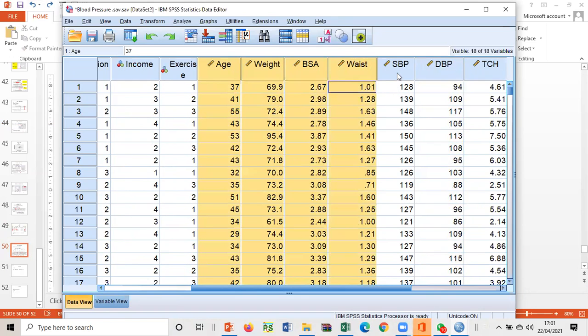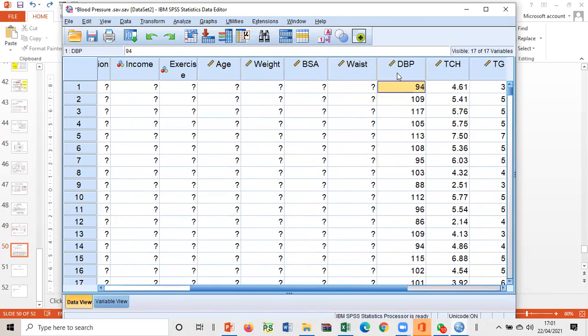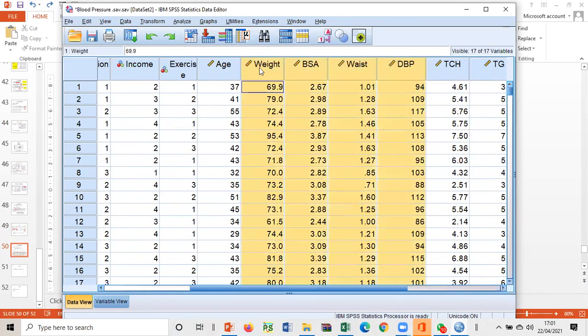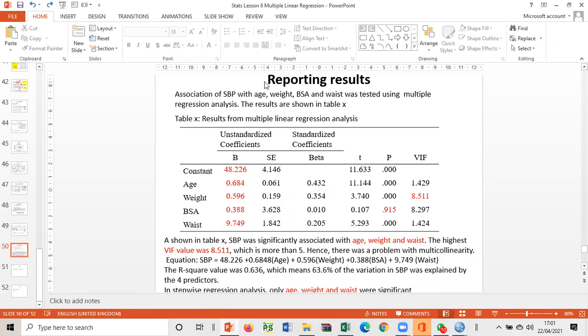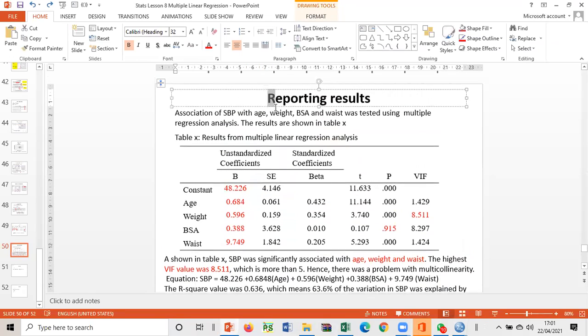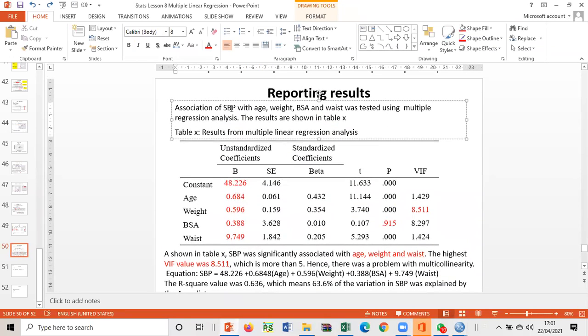Just now we did SBP. Now you model DBP. Are we clear? Yes, Prof. After doing all this, you're going to send me a report exactly like this. That's all I want.